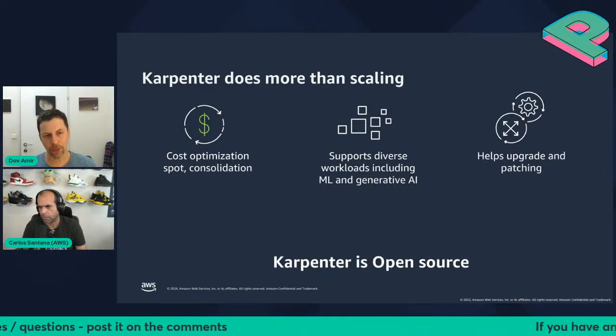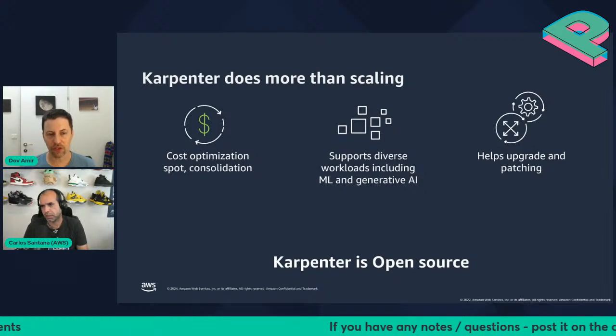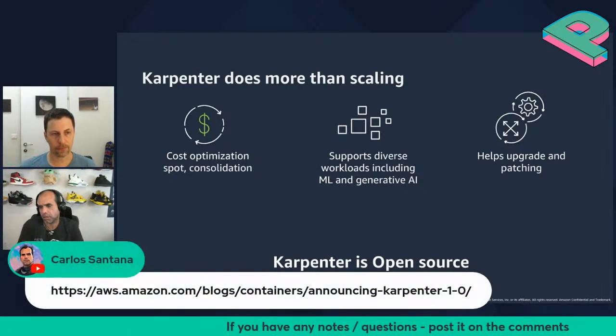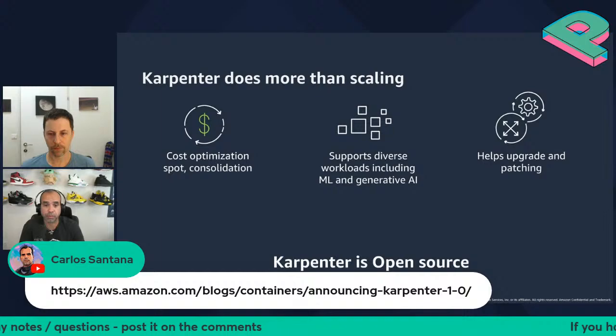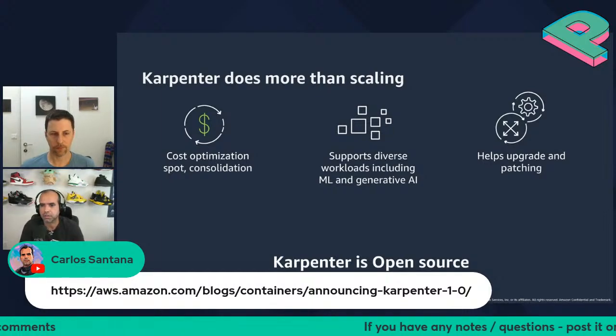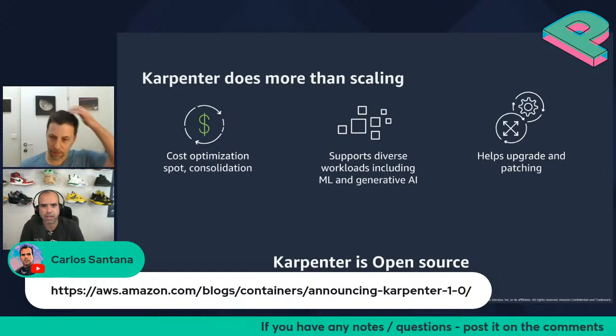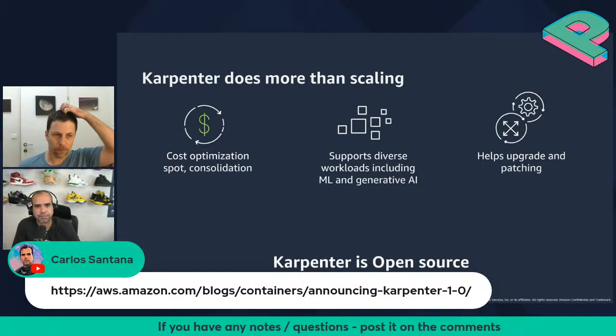Karpenter does a few things. One of them is cost optimization. And I posted a link there for Karpenter V1.0, and it's for Karpenter, the open source project, which works in multiple cloud providers. Yeah. So the API now is stable, right?